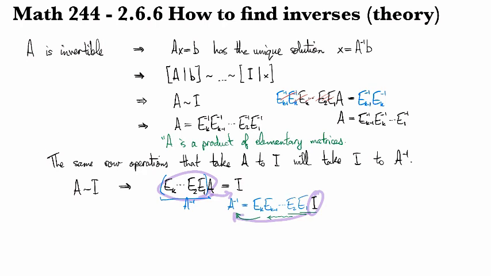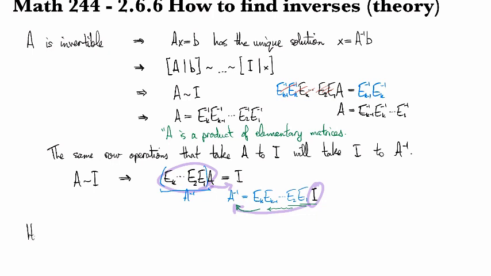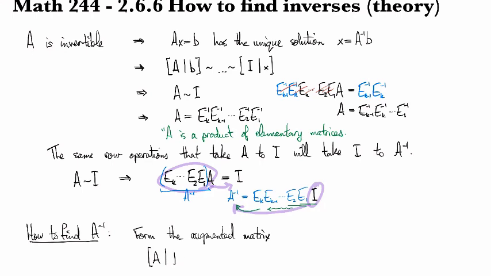Okay, so that's our strategy for how to find A inverse. What we're going to do is form the augmented matrix A adjoin the identity. So instead of augmenting with just a column, we're now augmenting with an entire identity matrix.